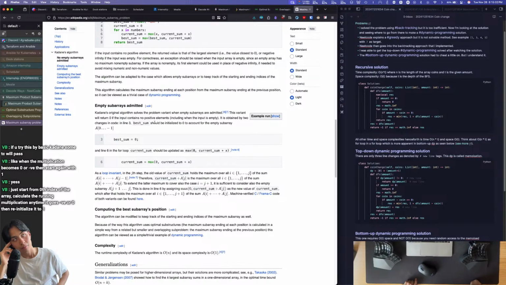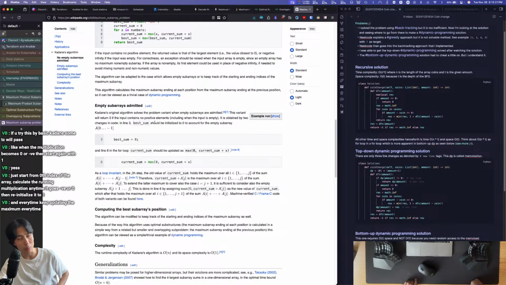Okay. Because we're talking about maximum product subarray. If when you times it with a negative number it becomes a negative number, you make that dp equal to 1. I don't exactly understand why 1 entirely yet.